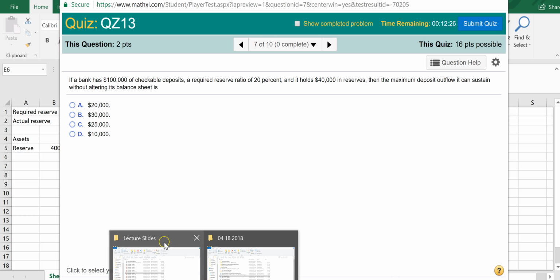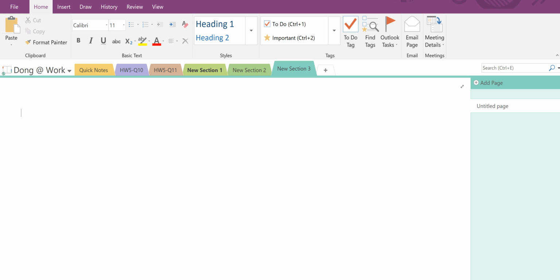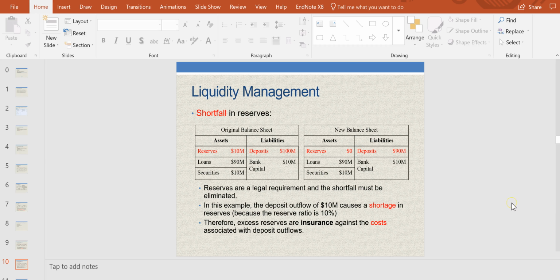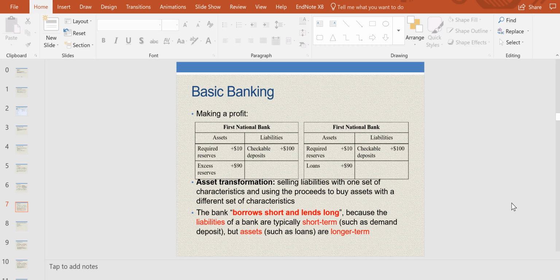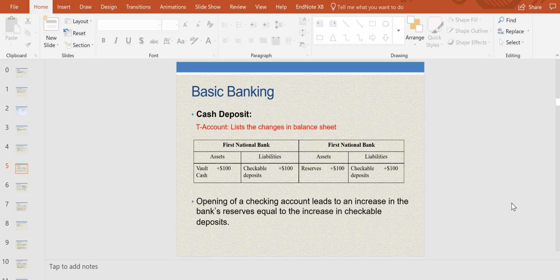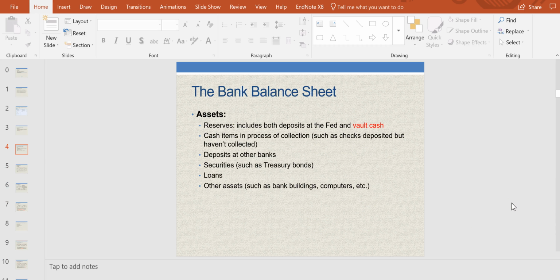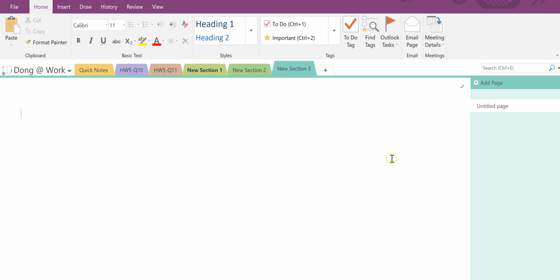If you check the lecture slides of chapter 9, you can see that reserves include both deposits at the Fed and vault cash.